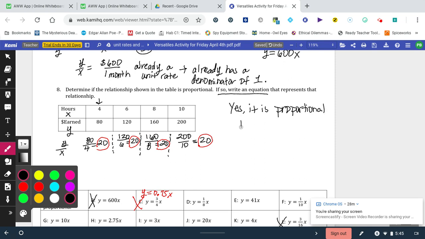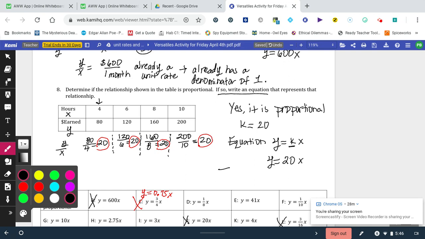The constant of proportionality is that number we kept getting once we divided, which is 20. And the equation is written in the form y equals kx, k being your constant of proportionality. So I'm just going to replace k with that number. So instead of y equals kx, we're going to go y equals 20x. And if you look, that's the letter J.